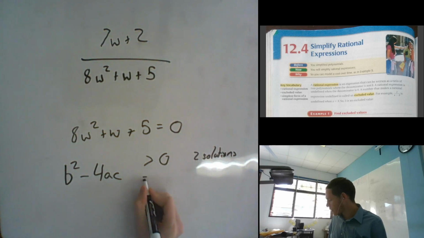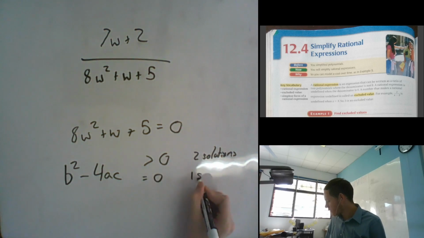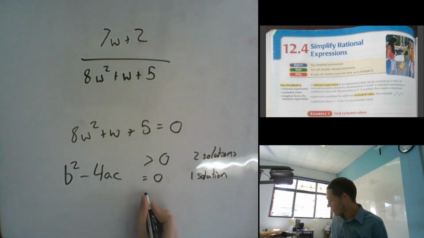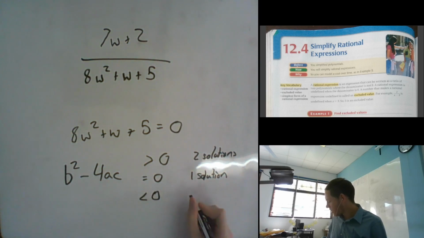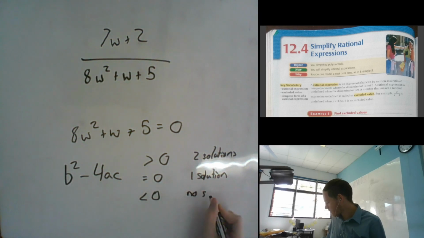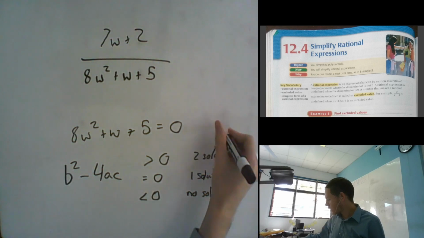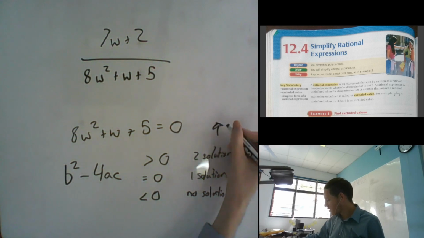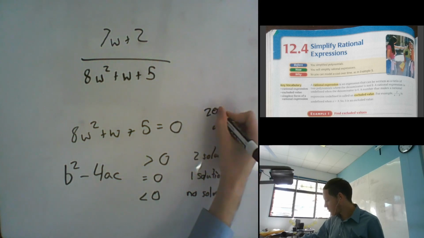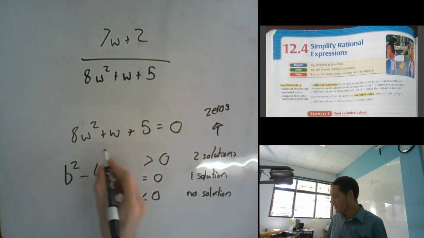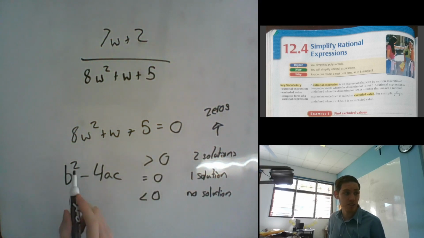If it's equal to 0, that's one solution. And if it's less than 0, there's no solution. What this means, solution here is zeros. Zeros means that this will equal 0. Okay?